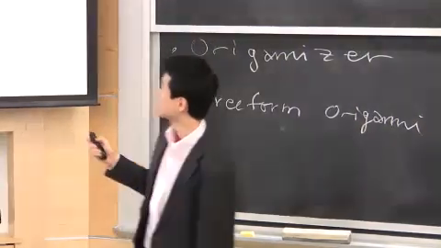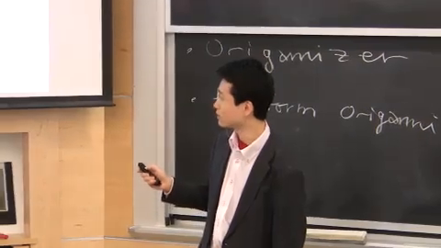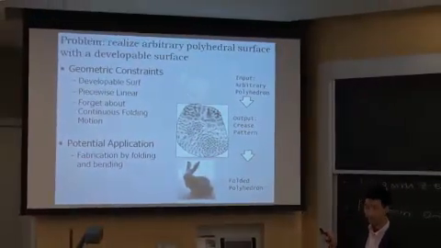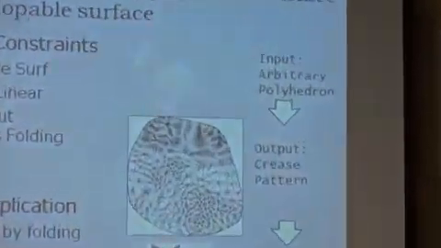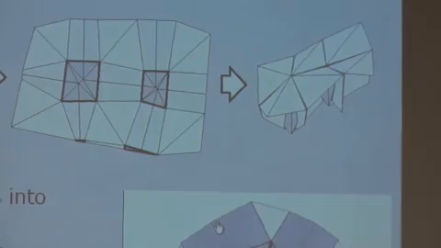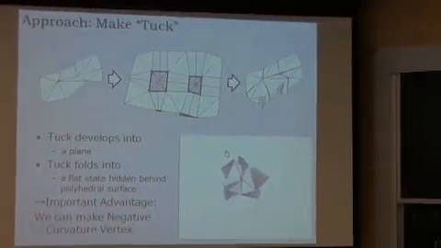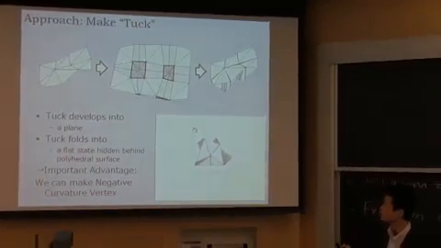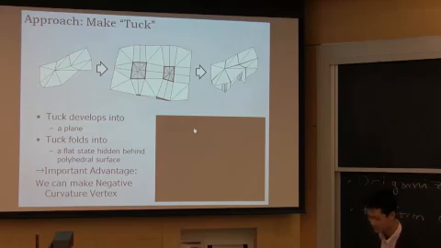So we put in an arbitrary polyhedron and get the crease pattern, and by only folding this, you get the folded state that's the same as this arbitrarily given polyhedron. So the idea is to use tucks. This is a given polyhedron, and this gray area is our tucks.